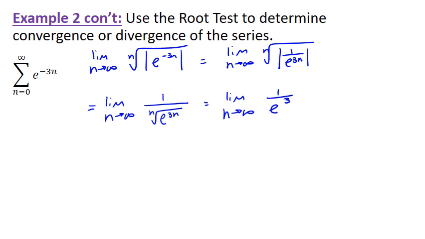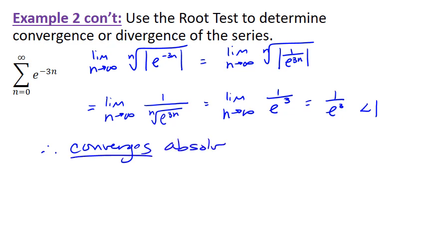This is just a constant, so the limit of a constant is a constant. So this limit is 1 over e cubed. This value is less than 1. Since this is less than 1, we can conclude that our series converges absolutely by the root test.